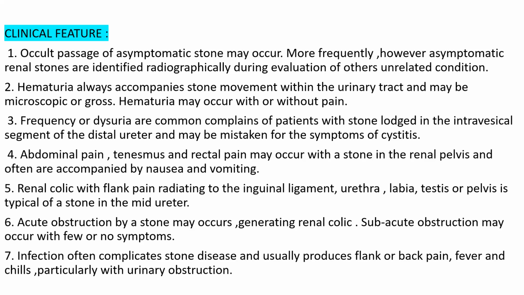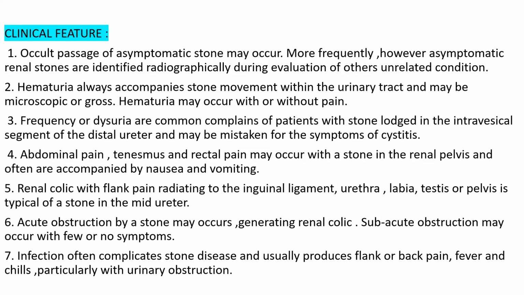Then subacute obstruction may occur with few or no symptoms. Subacute means a slightly acute obstruction may also occur with few or no symptoms. The obstruction is acute, and you might find symptoms or you might not find any; if present, only a few symptoms can be seen.